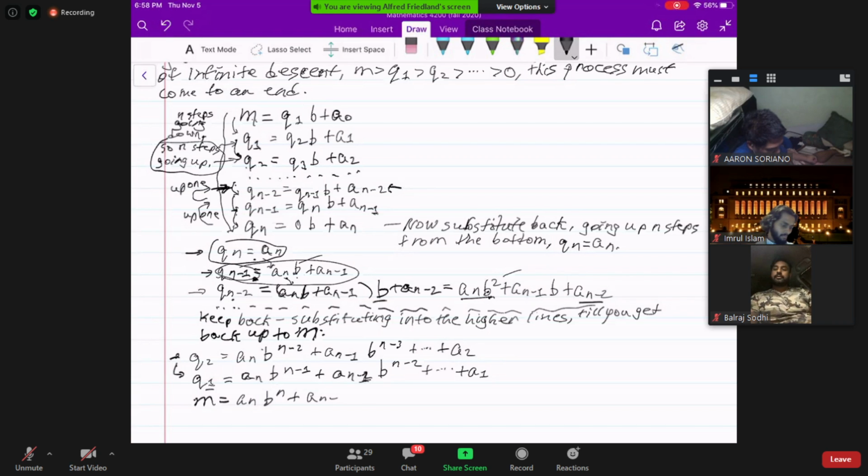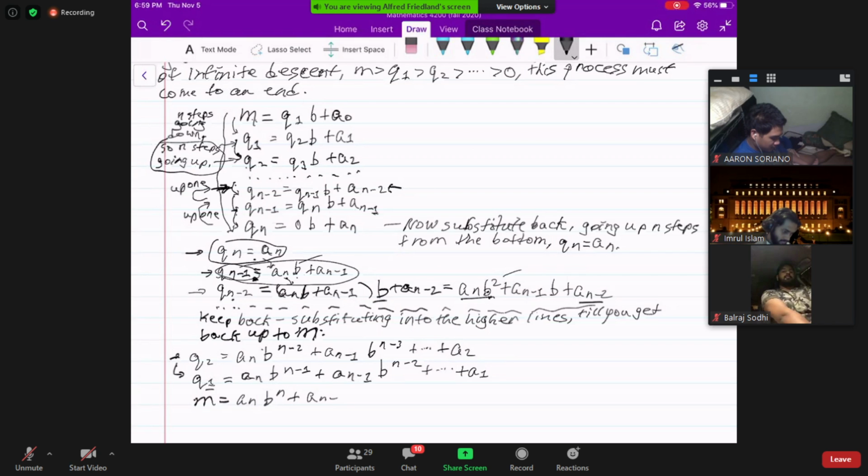The subscript starts with n, and then A sub n B to the n minus 1 plus A sub n minus 1, B to the n minus 2. Let me make that clearer. This is A sub n minus 1, B to the n minus 2, and so on.